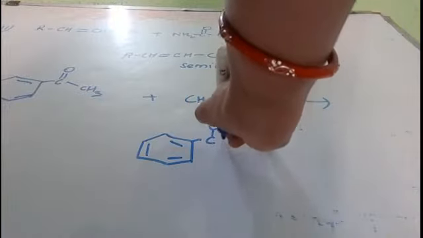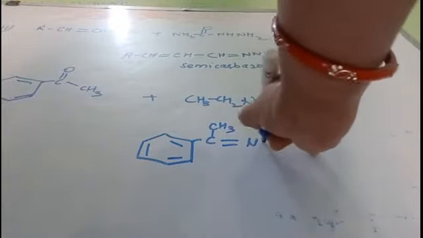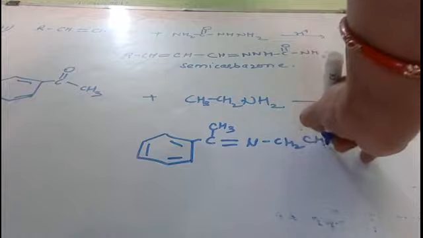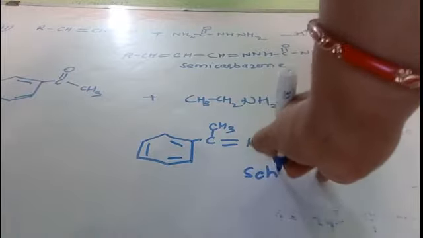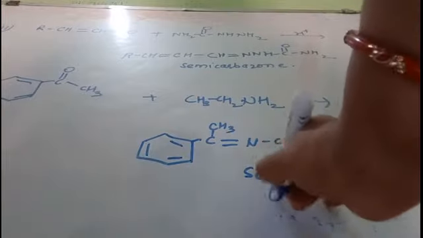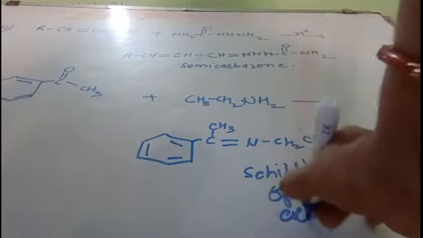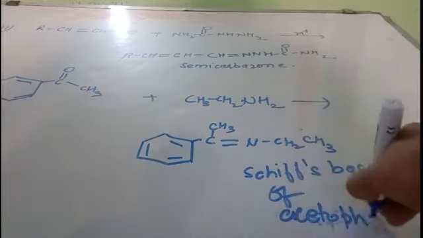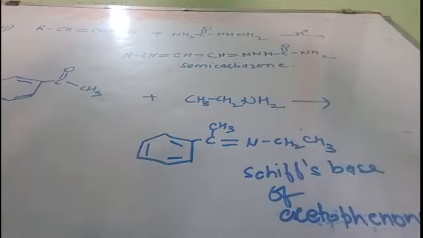CH3 we will write here and double bond of N CH2 CH3. So Schiff's base of acetophenone will be formed, right? So this is how we will do the reaction.